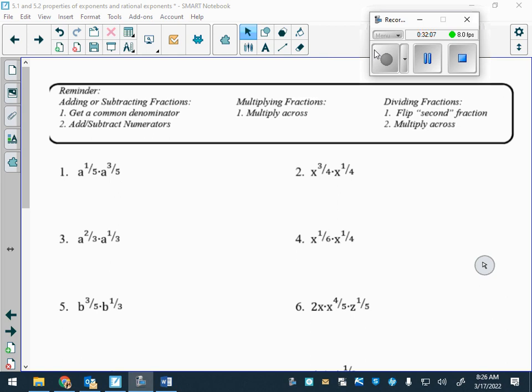How many of you did get 1 through 5 correct? Great. Okay. Number 6. This was a little bit tricky. For number 6, you have 2x, x to the 4/5, and then you have the z just hanging out here. What do you have to do with your x's? Add them. But what do we need for this x?